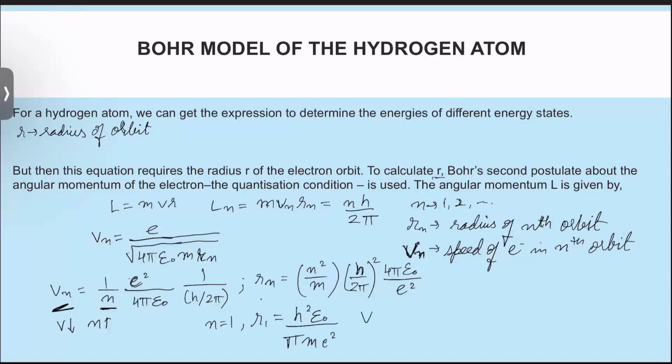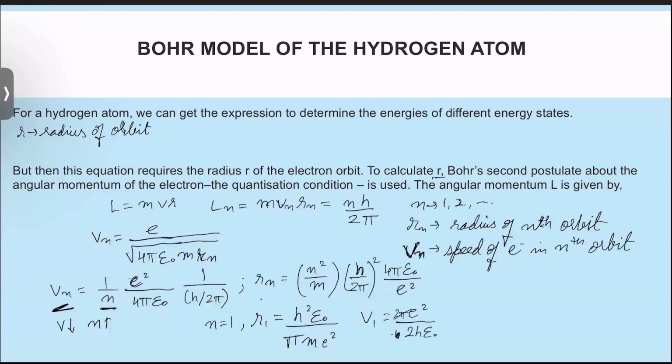And your V1 you can find accordingly. That will be e square upon, you can cancel out your 2 pi and 4 pi, so what you are left with is 2h epsilon 0.